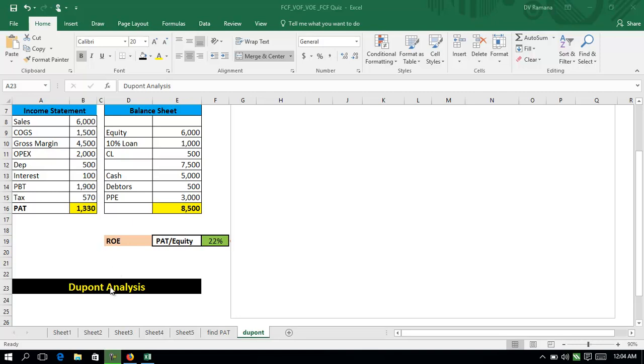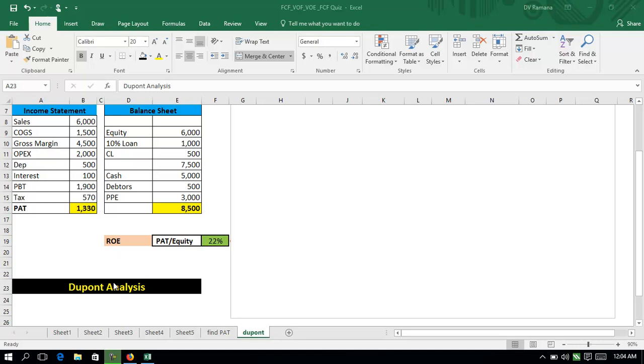In this session, we will understand and recap the DuPont analysis. The DuPont analysis shows the drivers of return on investment. In this case, we will try to see the drivers of return on equity.